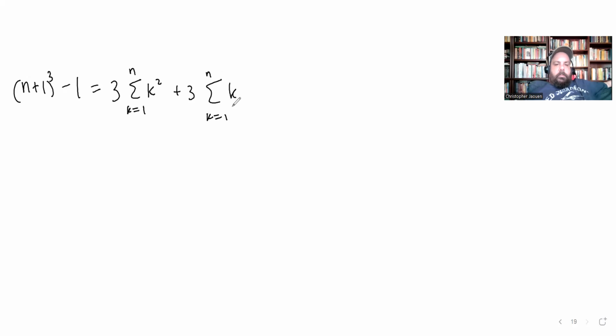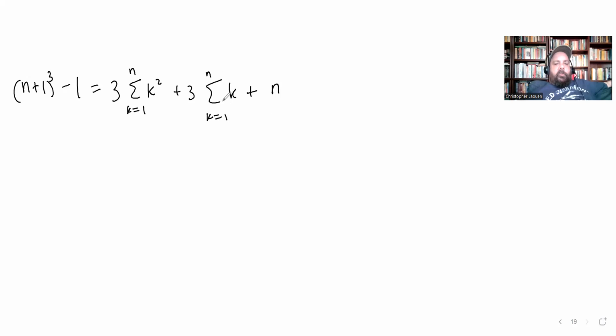So that means n plus 1 cubed minus 1 is equal to 3 times the sum of the first n squares, plus 3 times the sum of the first n integers, sorry, plus n.